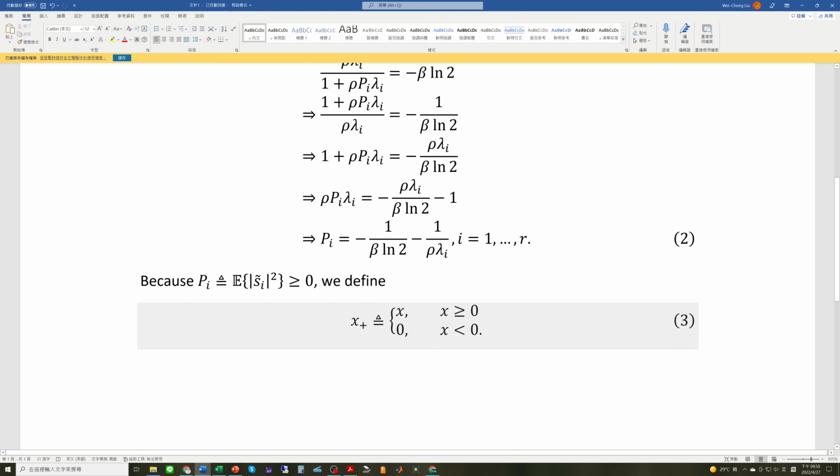X plus is defined as x when x is greater than or equal to 0. And x plus is defined as 0 when x is smaller than 0.